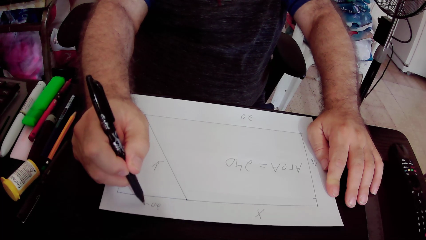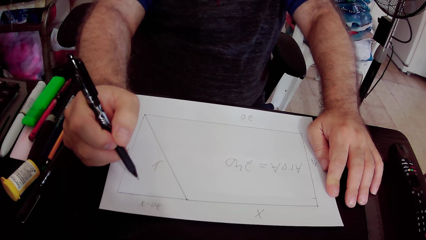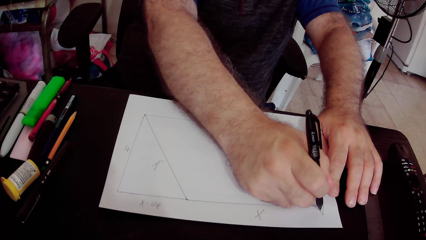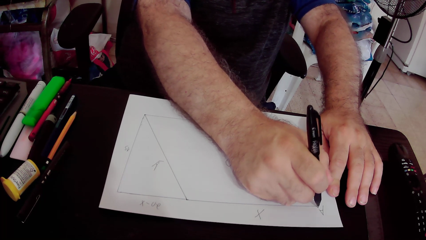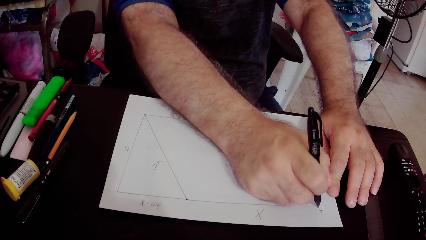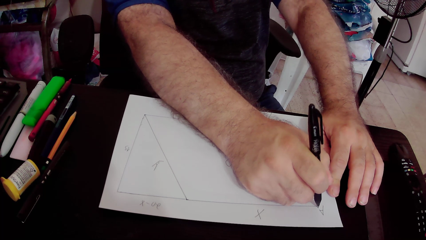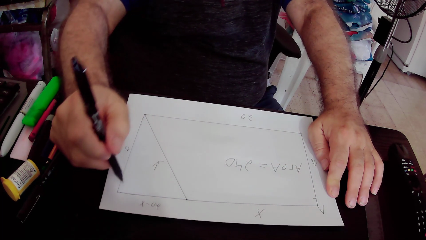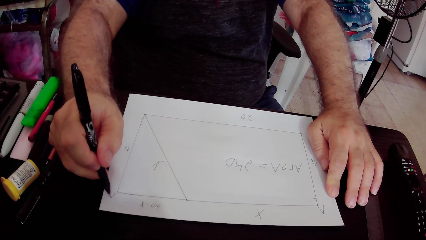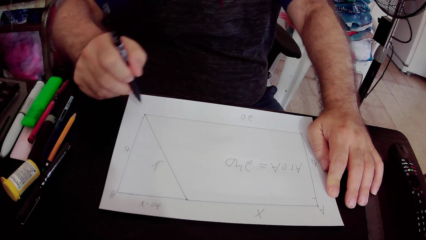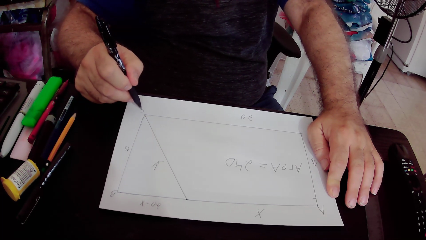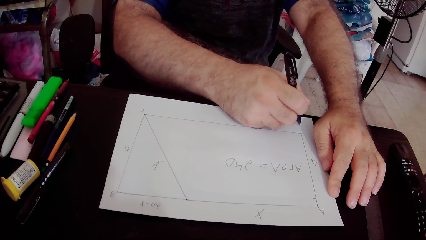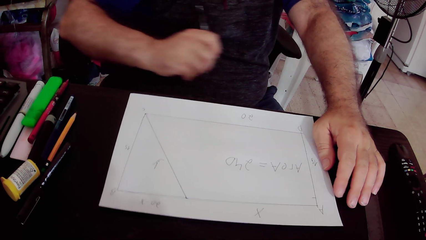Okay, 20 units minus x. This will be A, the vertex of the rectangle. This vertex will be defined as B. This vertex of the rectangle will be C, and this vertex of this rectangle will be D.